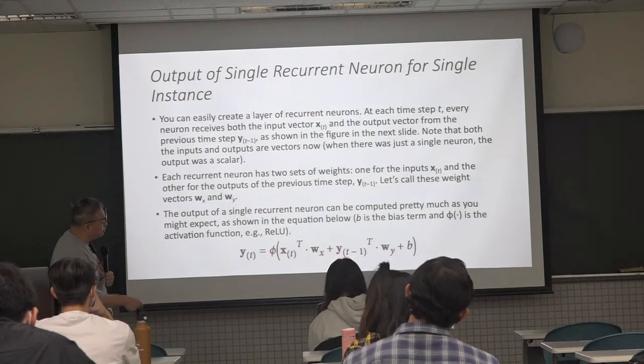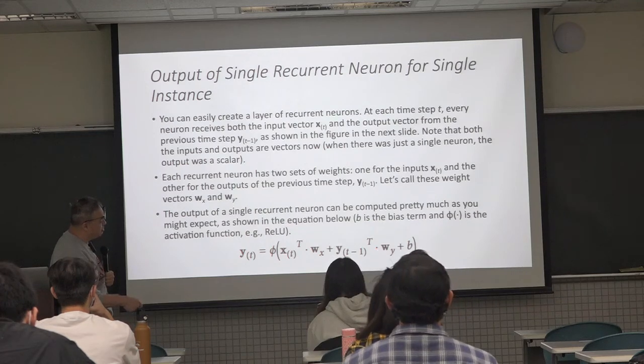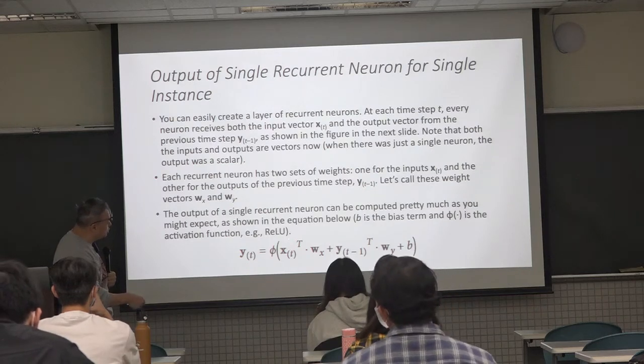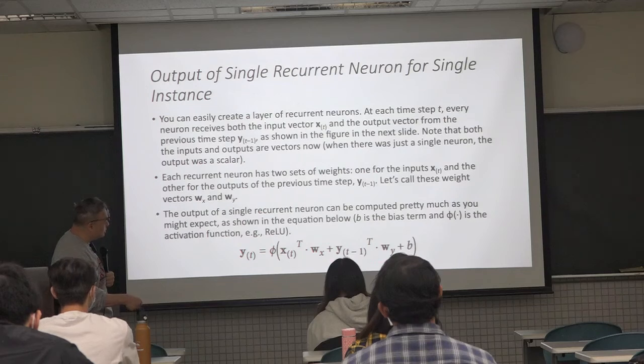Xt and yt-1 are both vectors, and with the transpose you can consider this as the inner product of two vectors. Both produce a number, then you add the bias, and the whole thing becomes a number.